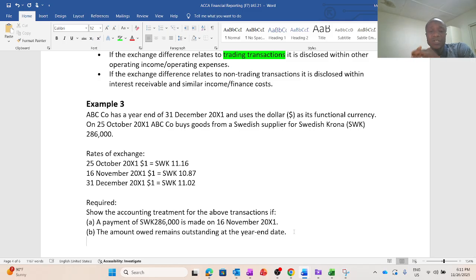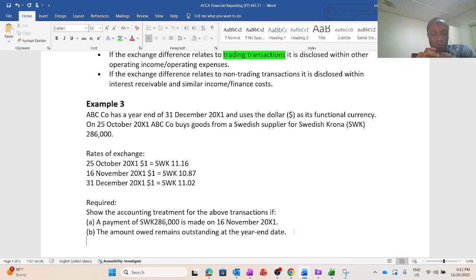Also, is there any impact of foreign currency? Yes, because the transaction date is the 25th of October and the settlement date is the 16th of November. On initial recognition, we are going to convert the 286 to our dollar payment. When we convert it, we debit the purchases and credit the payables.